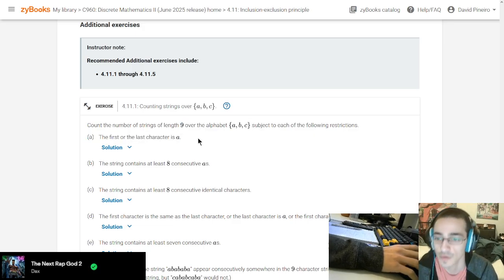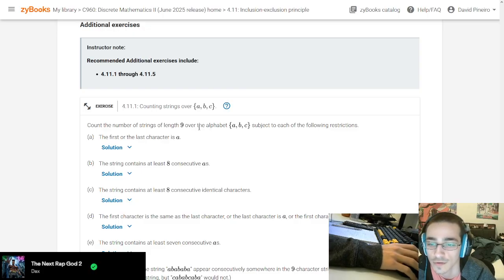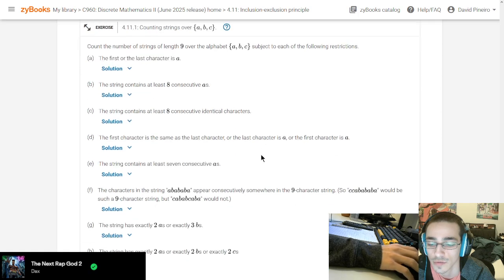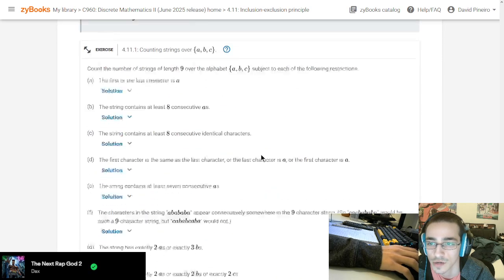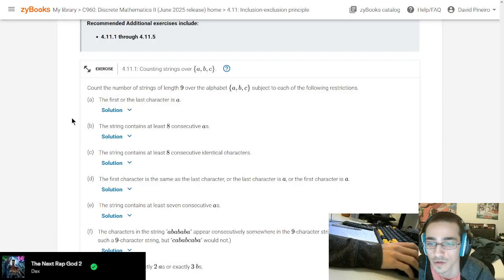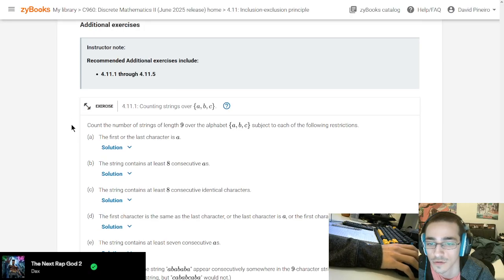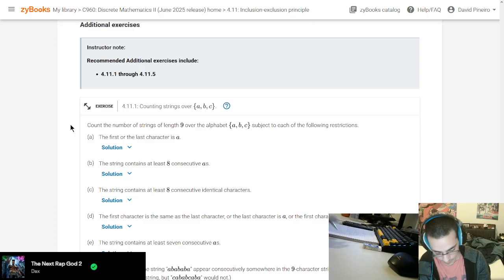That's too tweaky. Alright. So count the number of strings of length 9 over this alphabet. Oh my god, there's so many restrictions. Okay. So the first or last character is an A in a string of length 9.